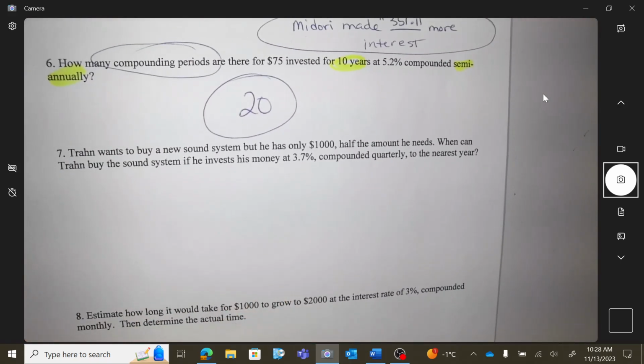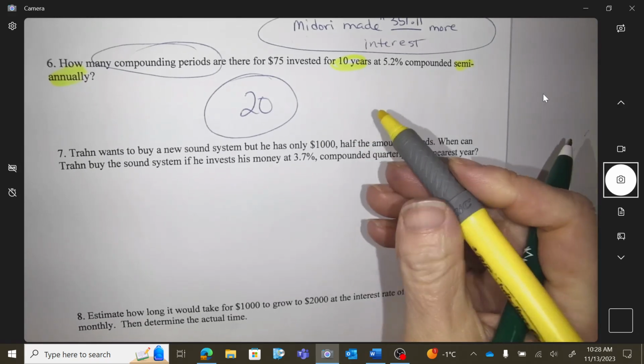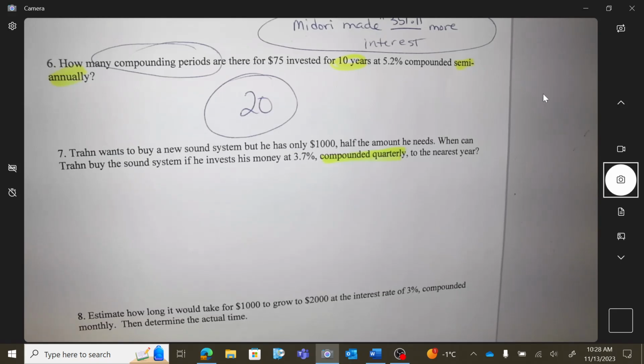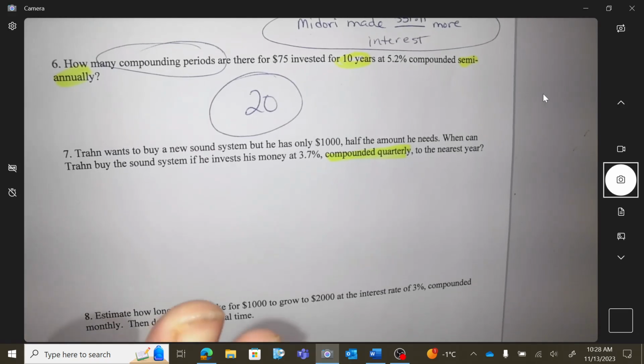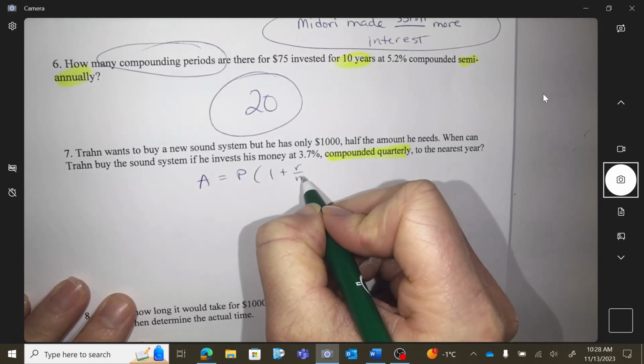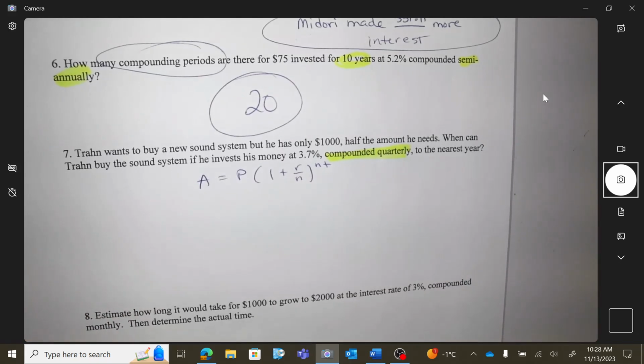Okay, number 7. I see a word compounding. So we're done with simple. We're not using that formula. Do you see any place of regular payments? No, he's just making an investment, not putting money in a bunch. So I figure out the strategy I need.